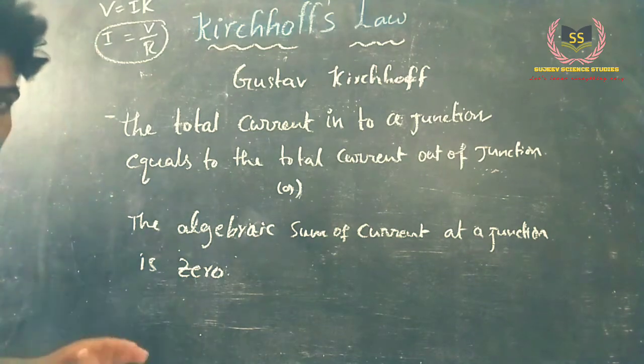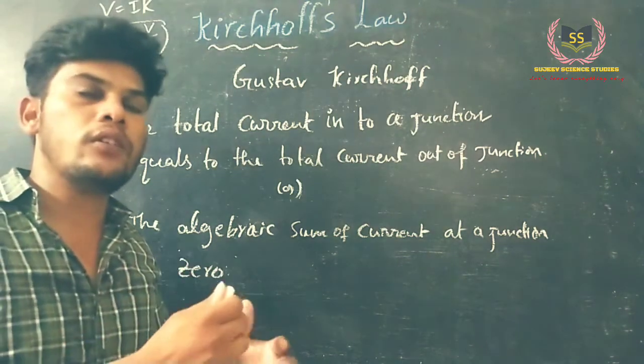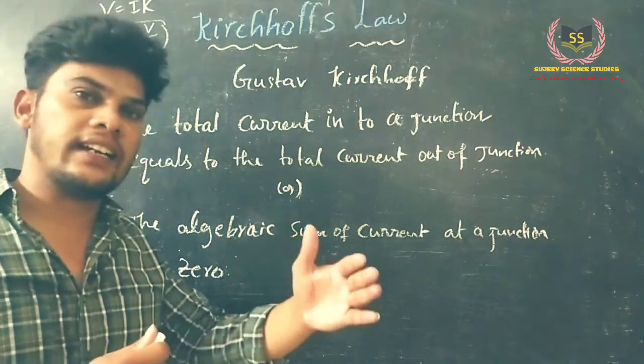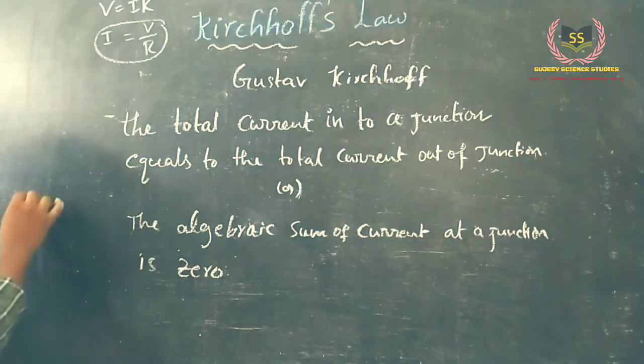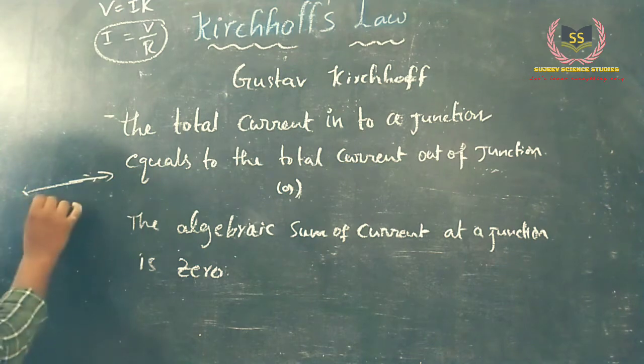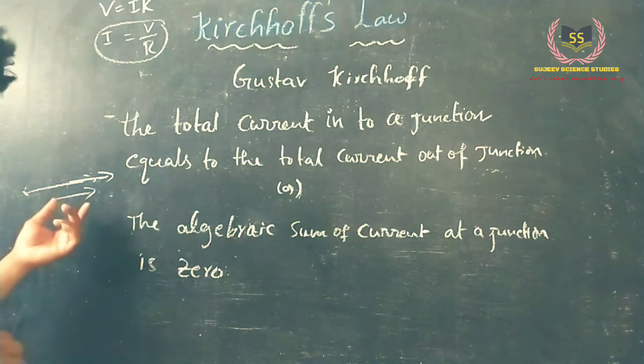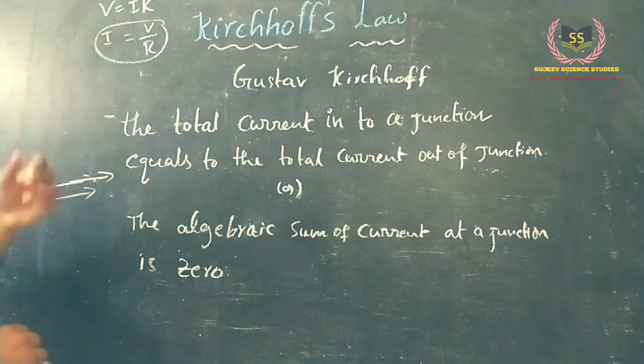But this formula is only applicable for a single conductor. I can find out the current flowing through this conductor by using the formula I equal to V by R.